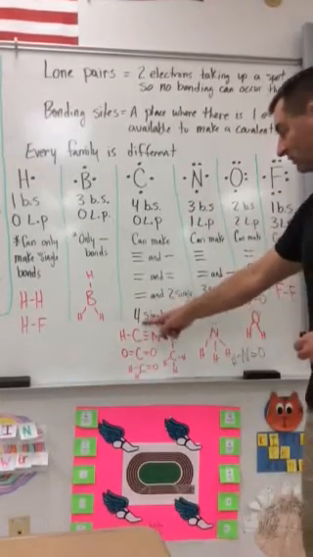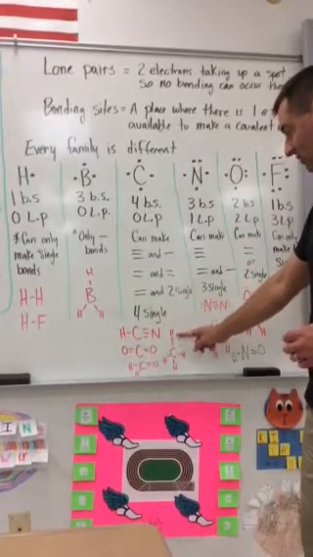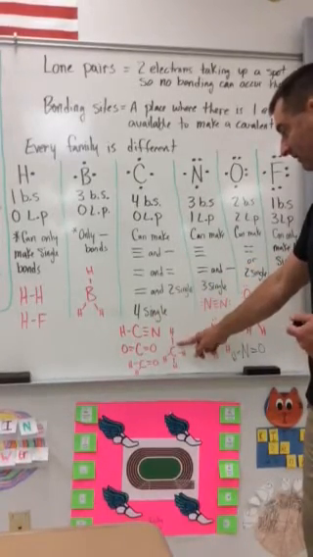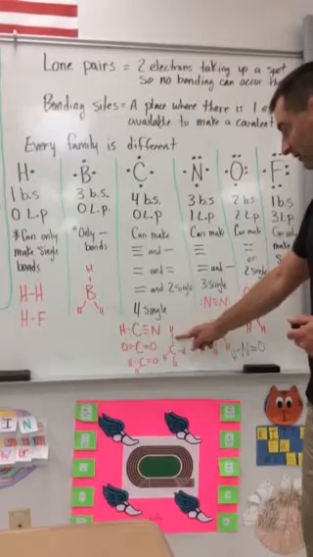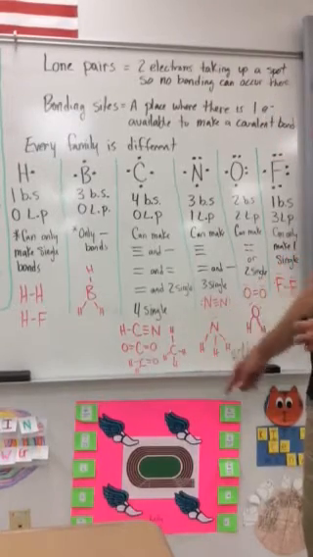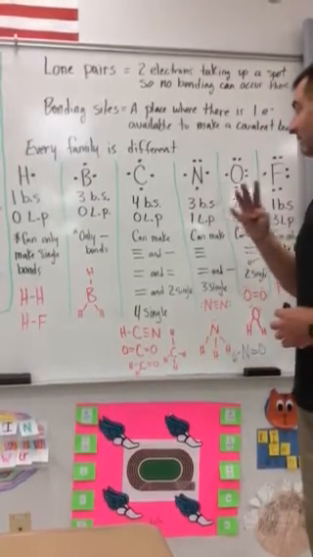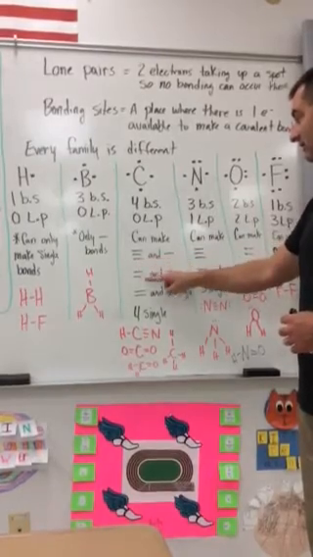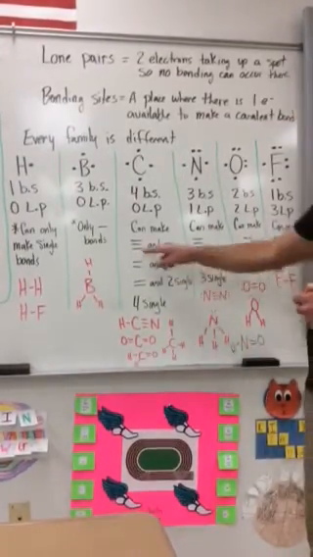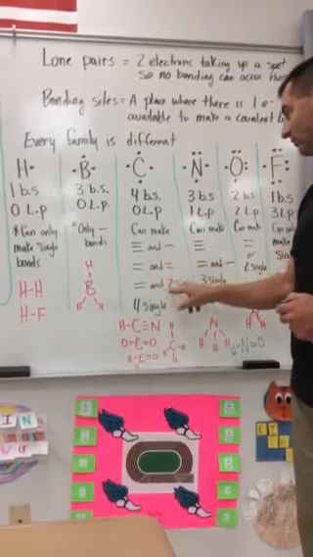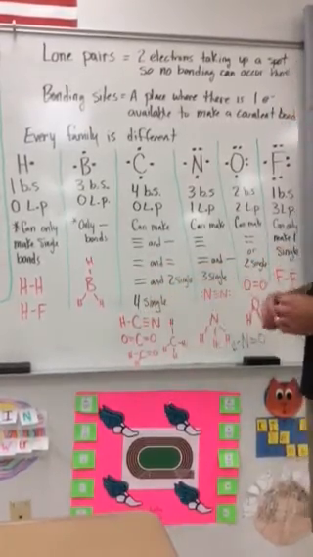Or it can make four single bonds. If it does that, that shape is called a tetrahedral. We'll talk about that later. And it looks like that. So it's four single bonds. So carbon has to bond 4 times. So these are the different combinations that it can do that: a triple and a single, 2 doubles, a double and 2 singles, or 4 singles.